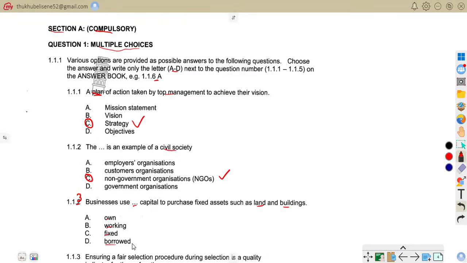So the correct answer then is C, fixed capital. We know fixed capital is a long-term asset, for example, buildings, machinery, you can talk of land again. So that is that. So the correct answer is C.